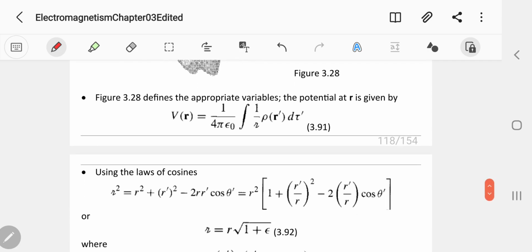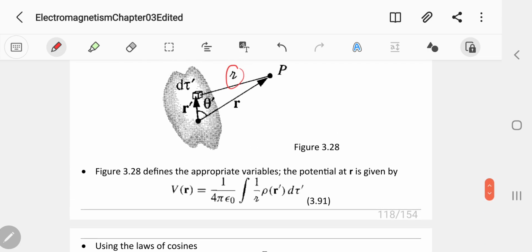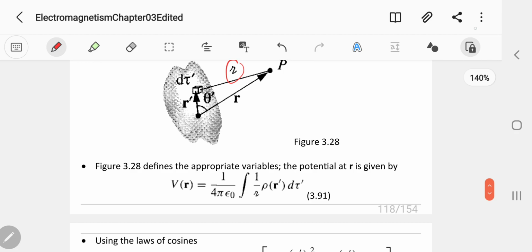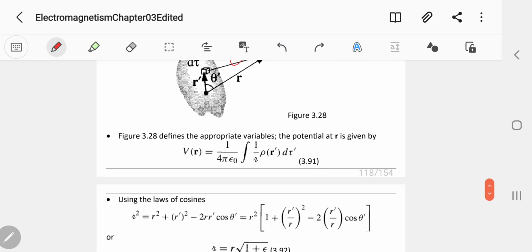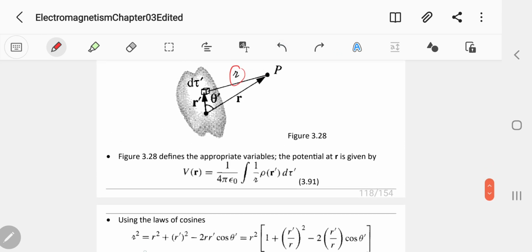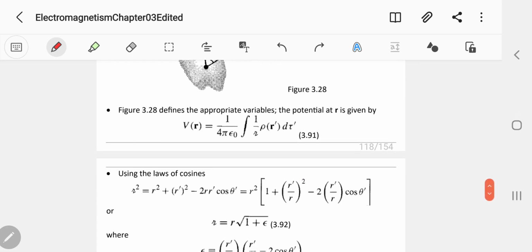Using the cosine law in this figure, we have script r squared equal to r squared plus r prime squared minus 2 r r prime cosine theta. So you can factor out the r squared, and then you have this one.